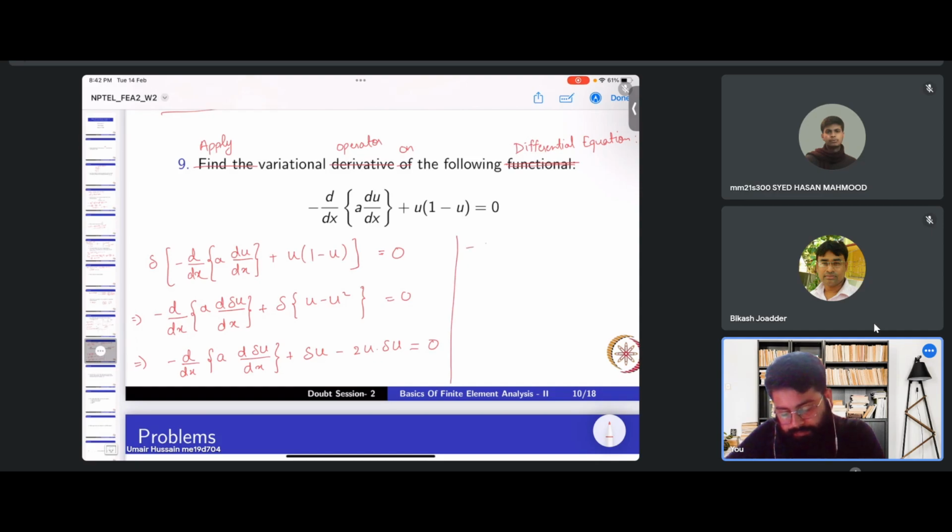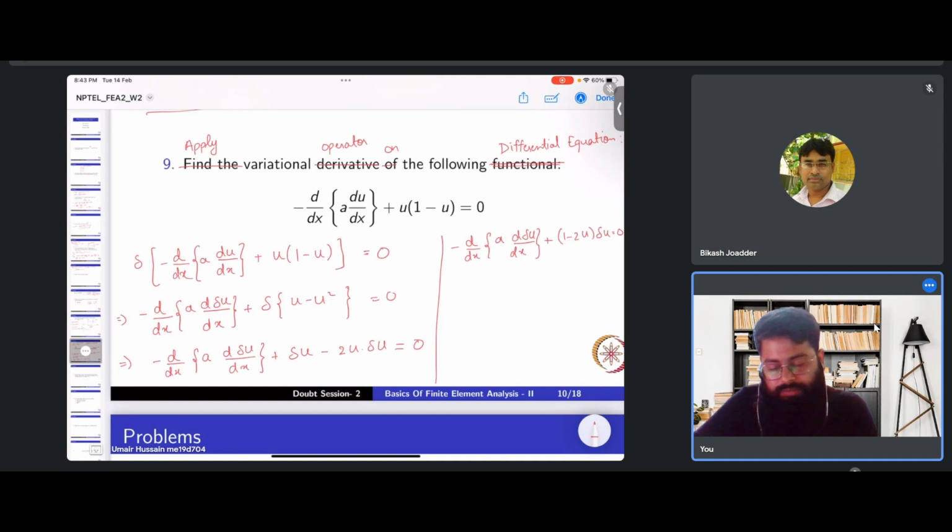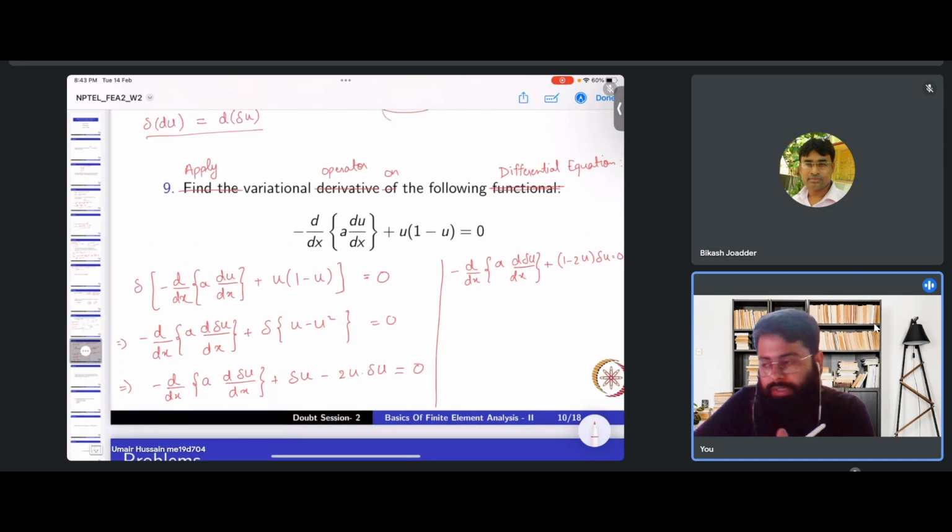Can somebody write this as... So this is actually a simple demonstration of how to use this variational operator, and it gives us an idea to find the variational derivative of any given function, which, as you saw, was helpful in finding the first variation of our total energy functional.